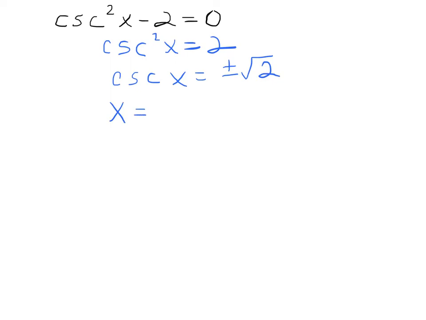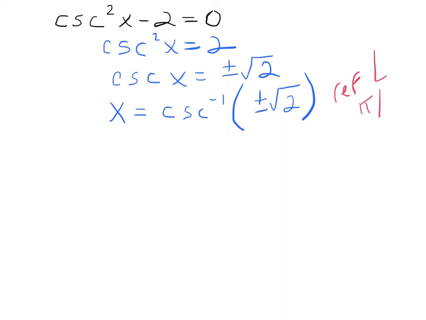So x is the inverse cosecant of plus or minus square root of 2. So we have to think about what our reference angle is going to be. Which angles have cosecants that are square root of 2? That's going to come from that group of pi over 4.